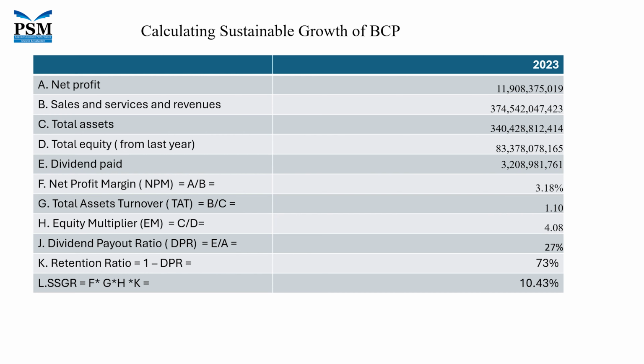So using these 5 figures, we begin with the calculation of net profit margin, which is net profit amount divided by the sales amount. We get 3.18%. It's quite low. Net profit margin is low when it's less than 10%. And then we take the total asset turnover, computed as sales amount divided by total assets.